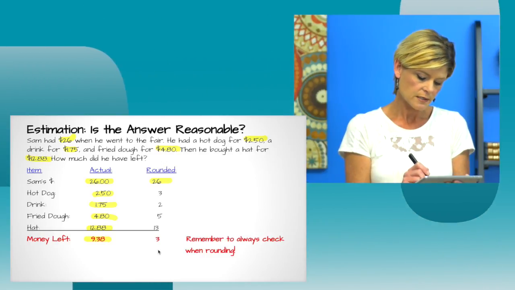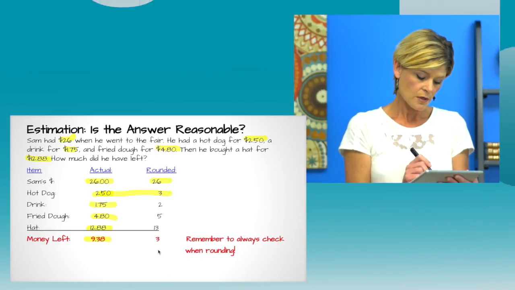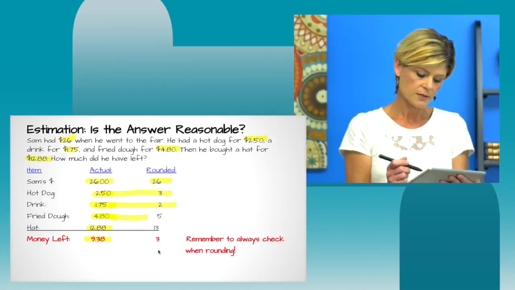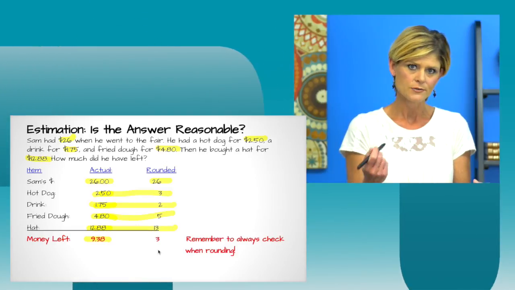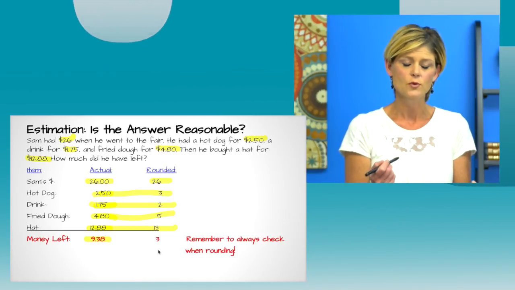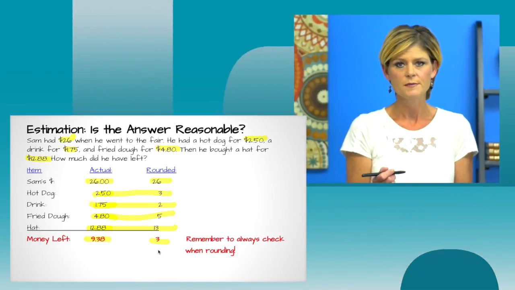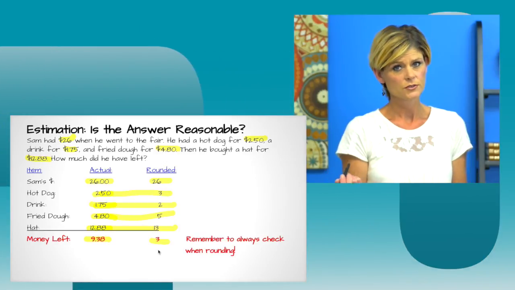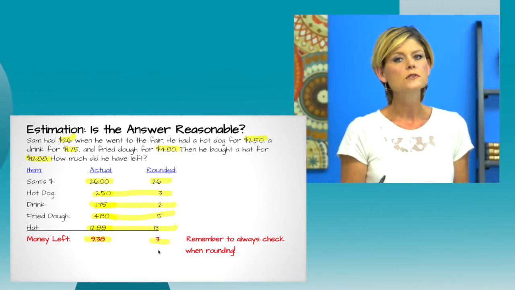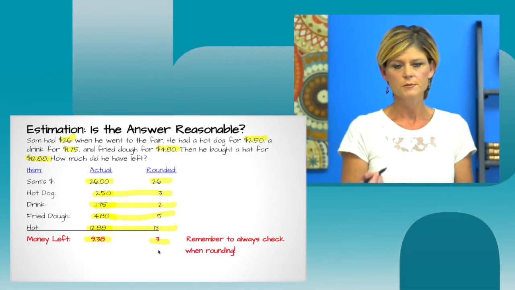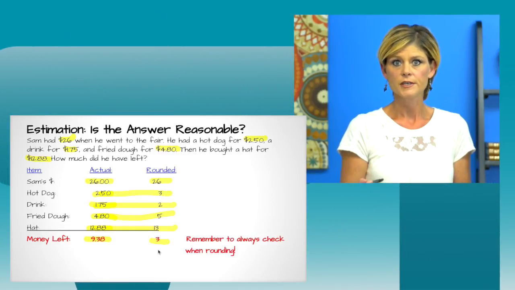If I round $2.50 it gives me $3. $1.75 rounds to $2, $4.80 rounds to $5, and $12.88 rounds to $13. Now if I deduct my rounded numbers of what he spent, I come up with Sam having $3 left. Well, $3 is awfully different from $9.38. So I think this is a really good illustration as to why it's super important to always double check and think about, is your answer reasonable?